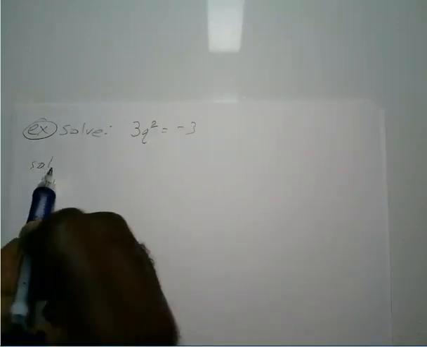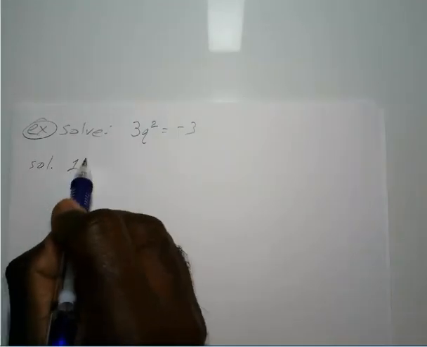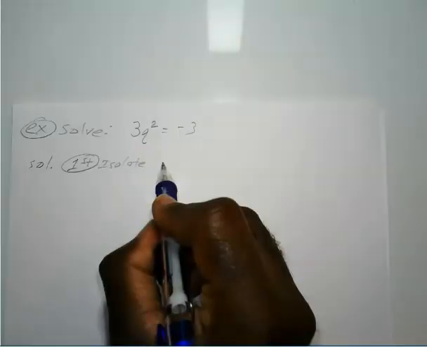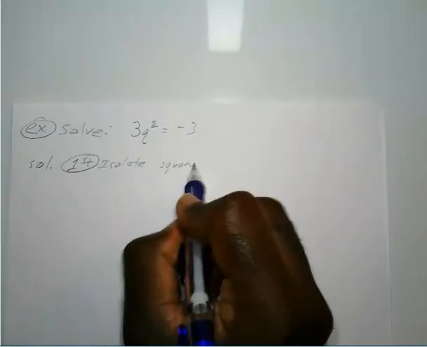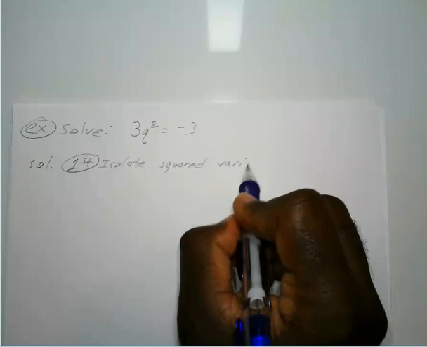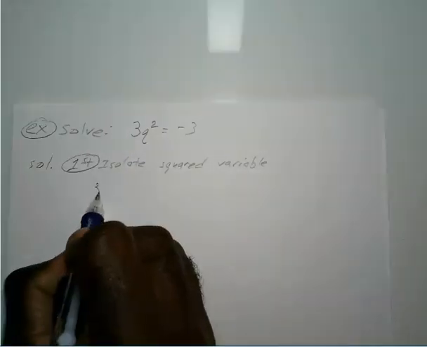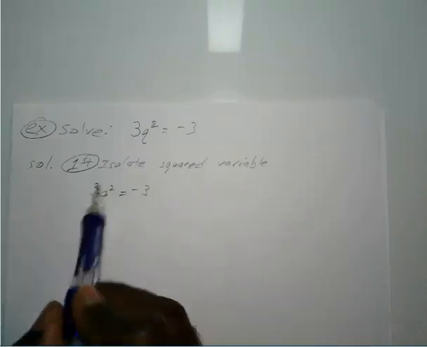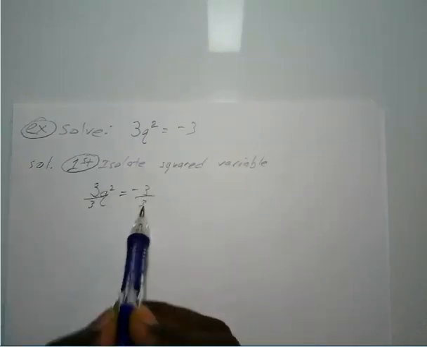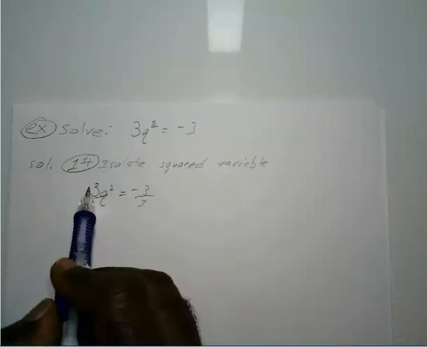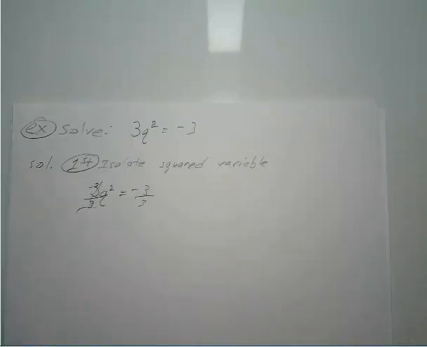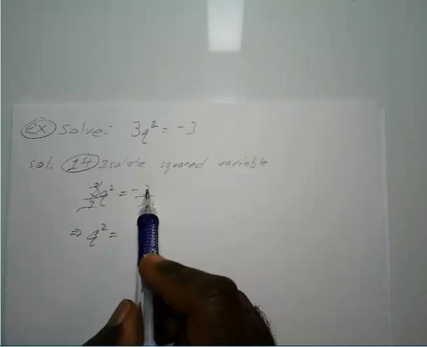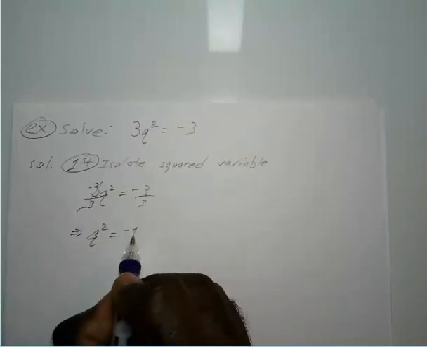So to solve this one, remember our first step is still to isolate your squared variable. So 3q squared equals negative 3. All we have to do is divide both sides by 3, where anything divided by itself is equal to 1. So you have q squared equals negative 3 divided by 3, which is negative 1.